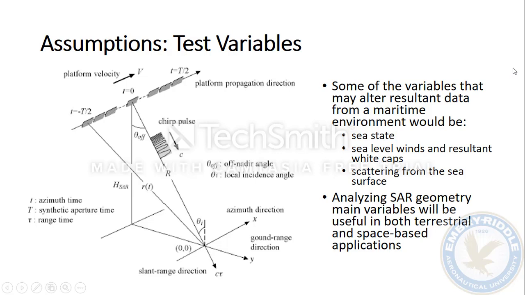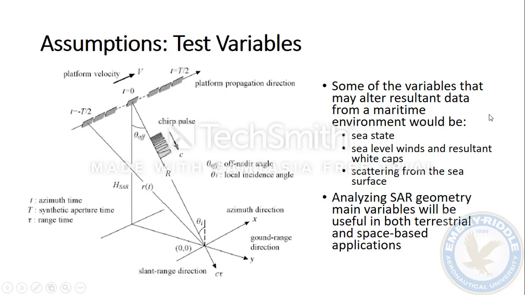Initially I made some claims saying that H sub SAR is going to be a direct function of spatial resolution, and that the delta in altitude between a terrestrial and space-based sensor is going to be the main constraint when testing terrestrial SAR to be used in space.